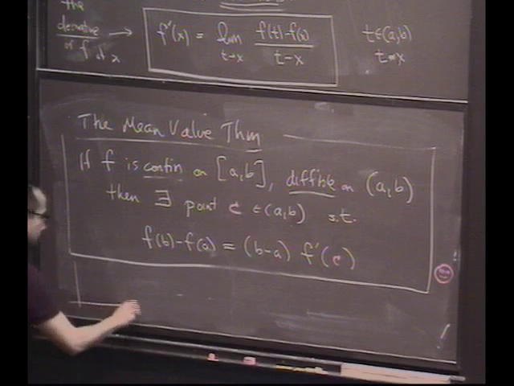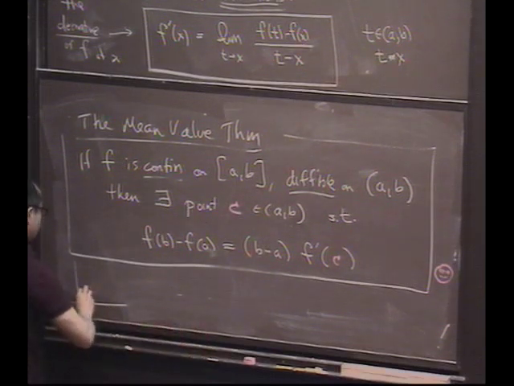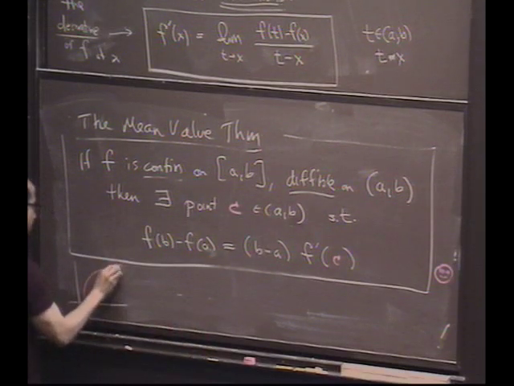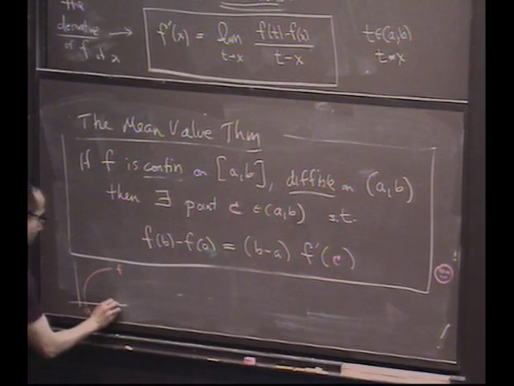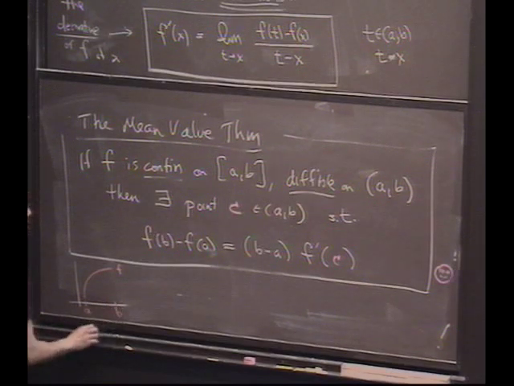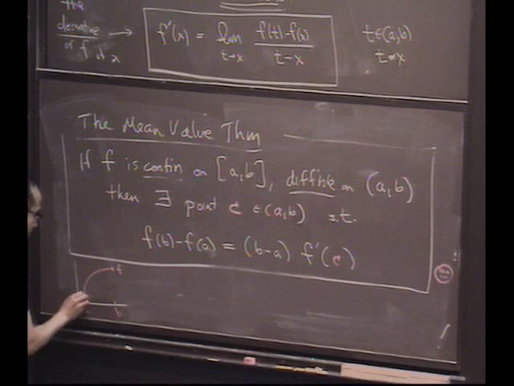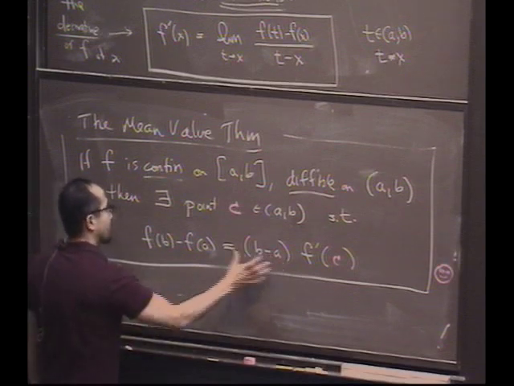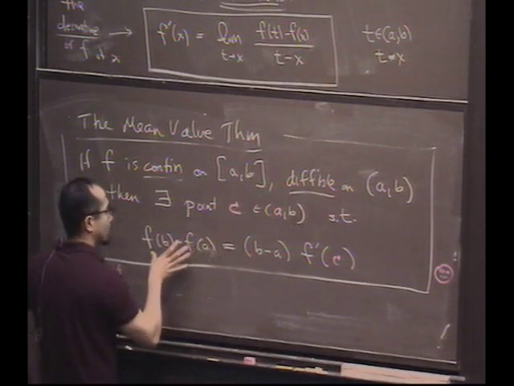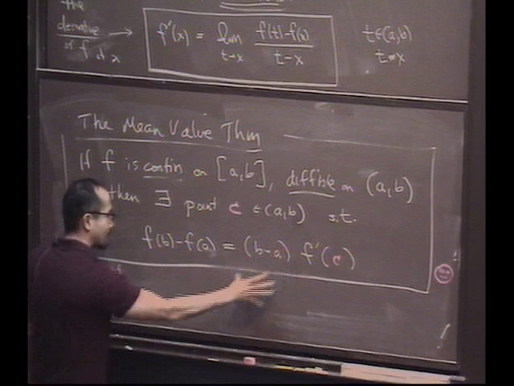If you have a function that looks something like this, with a point a and a point b, and the function is defined on [a,b] and differentiable everywhere inside, look what happens if I divide: f(b) minus f(a) over b minus a.